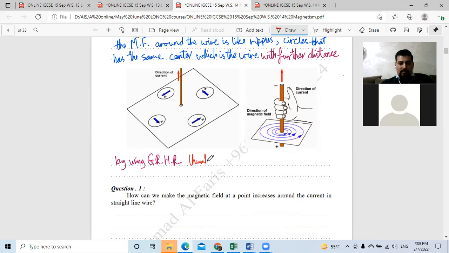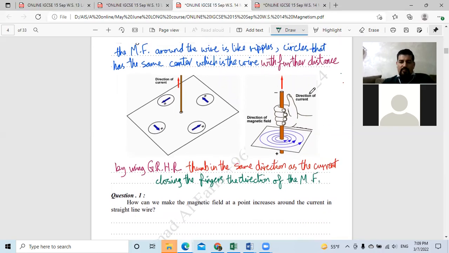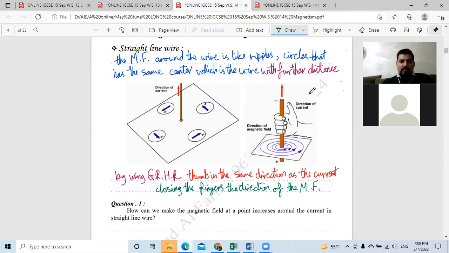Thumb in the same direction as the current, closing the fingers is the direction of the magnetic field. Okay, take a screenshot here.